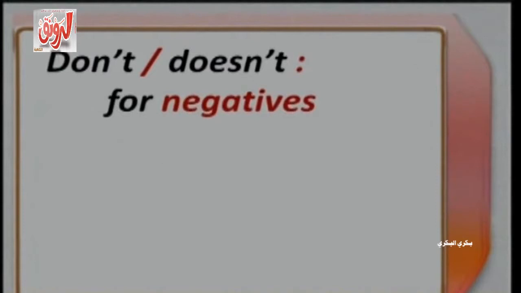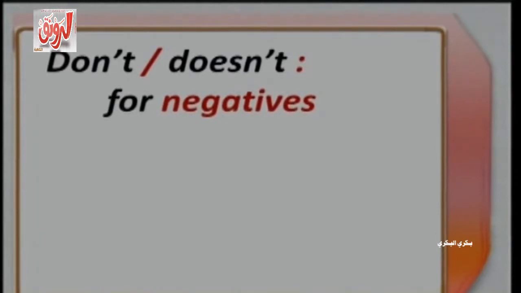The forms of don't and doesn't. Don't and doesn't are for negatives. Don't is used with I, you, we, they: I don't, you don't, we don't, they don't. Doesn't: he doesn't, she doesn't, it doesn't.